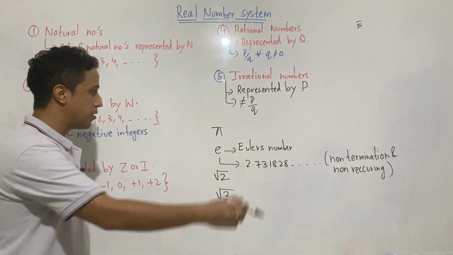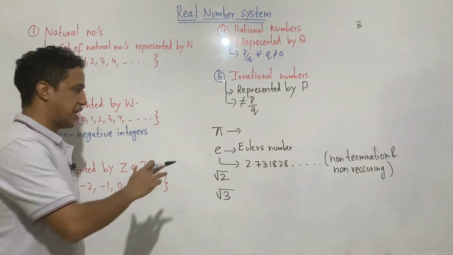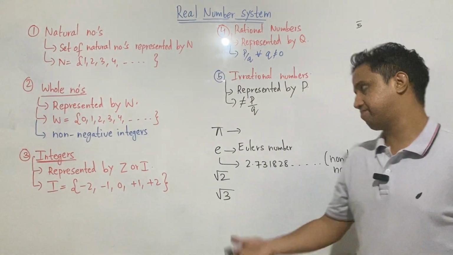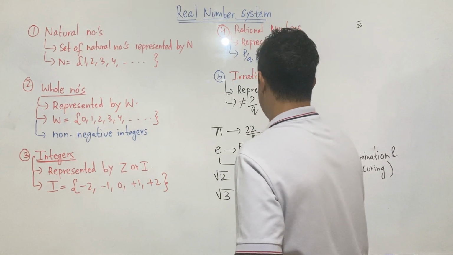Same here for pi. Now you can say that you are saying pi is an irrational number, but more often we have used pi as 22 by 7.